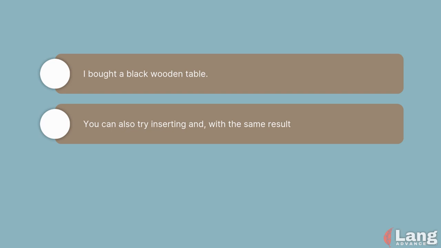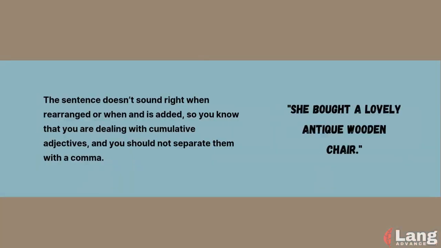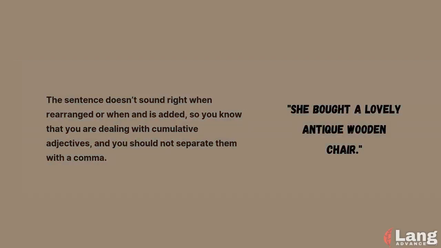You can also try inserting and with the same result: I bought a black and wooden table. The sentence doesn't sound right when rearranged or when and is added. So you know that you are dealing with cumulative adjectives and you should not separate them with a comma.